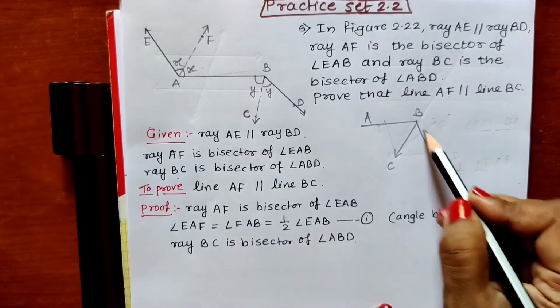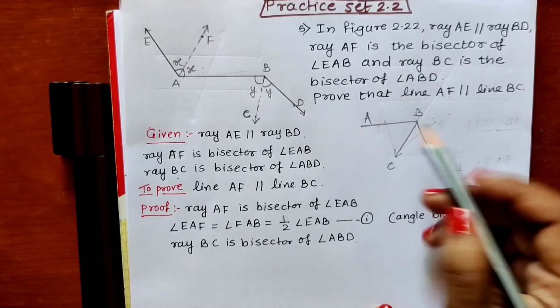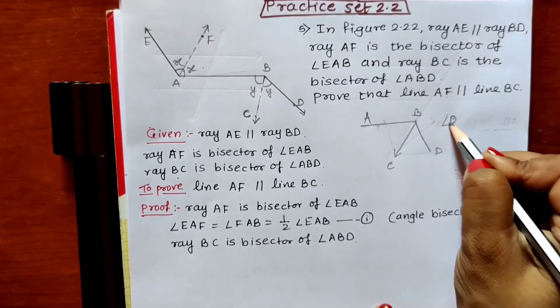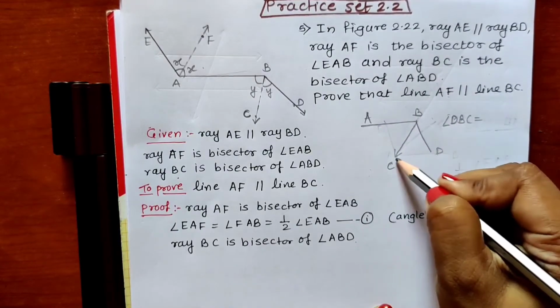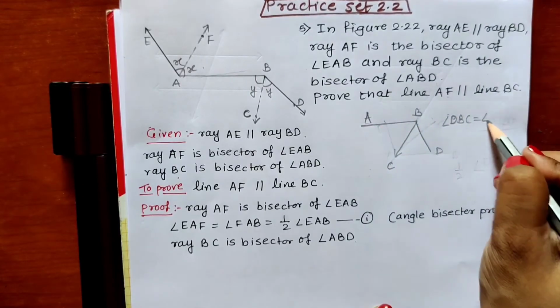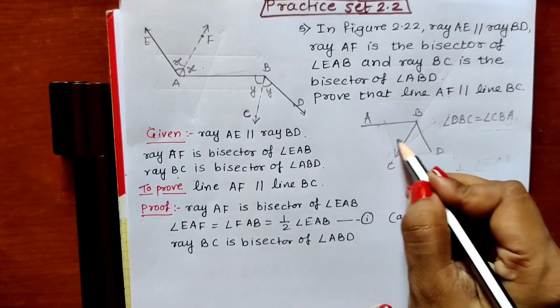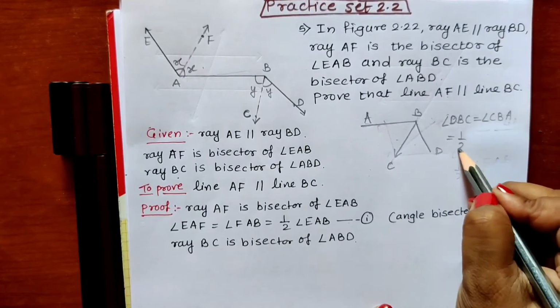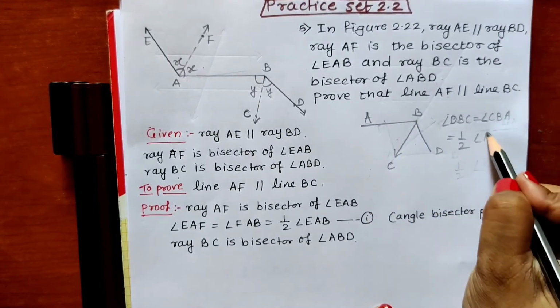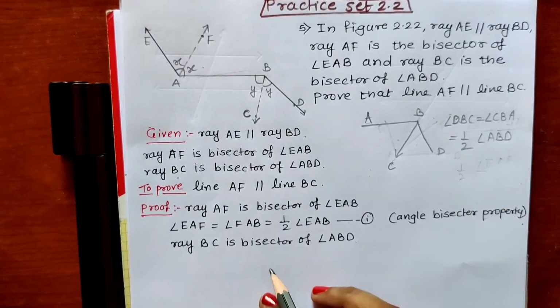Which two equal angles we can see? Here we can see angle DBC and angle CBA. Angle DBC is equal to angle CBA. These two small angles will be equal to half of this big angle, angle ABD. So this we are going to write here.